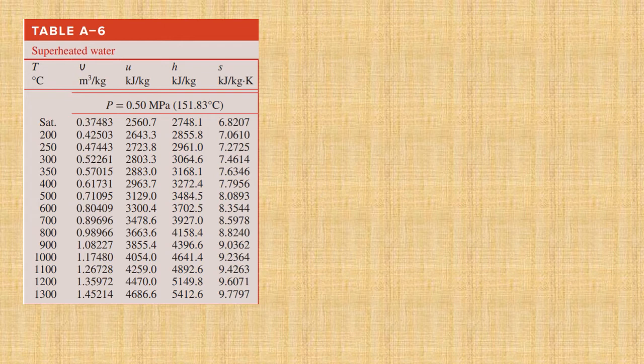Pressure P is equal to 0.5 megapascals, and specific volume v is equal to 0.52256 meters cubed per kilogram. Each temperature in this box corresponds to a value of specific volume, and as the temperature increases, so does the specific volume, as we can see here.